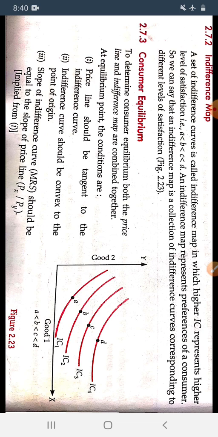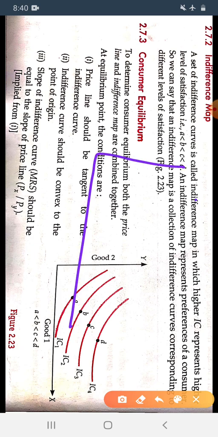So the first condition is that the price line should be tangent to the indifference curve, and the indifference curve should be convex to the origin, and the slope of the indifference curve should be equal to the slope of the price line.